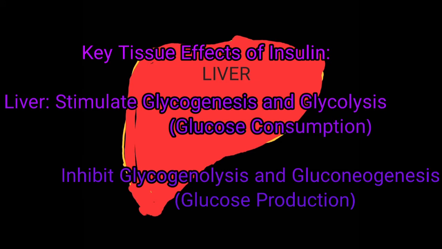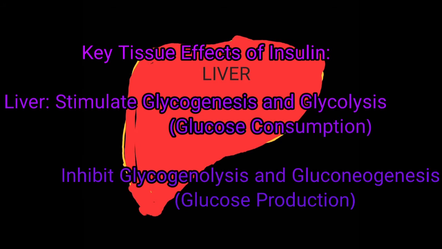Insulin exerting these effects on the various tissues will act by binding to its receptor and will initiate 2 types of effects: stimulatory effects and inhibitory effects.